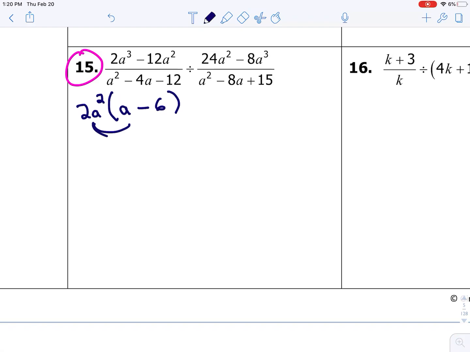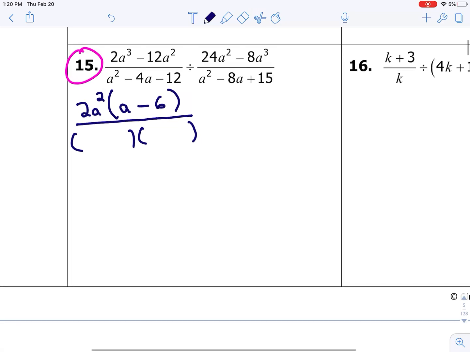This times this is 2a to the third. This times this is negative 12a squared. And that's going to be over this factored, which we're getting pretty good at, which would be x minus 6, x plus 2.